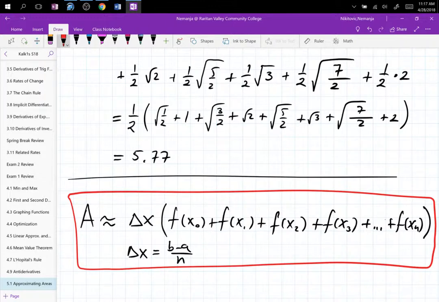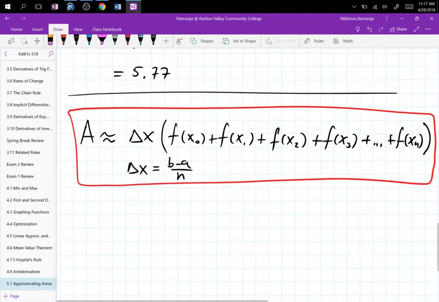If you want only 3 rectangles, you will keep 1, 2, 3. If you want 4 rectangles, next one is added. 5, 6, 7, whatever amount of rectangles you have, you will just expand that using the function over here. And delta x is given as b minus a over n. But now, writing all of those things, x0, x1, x2, x3, is there a better way for that?